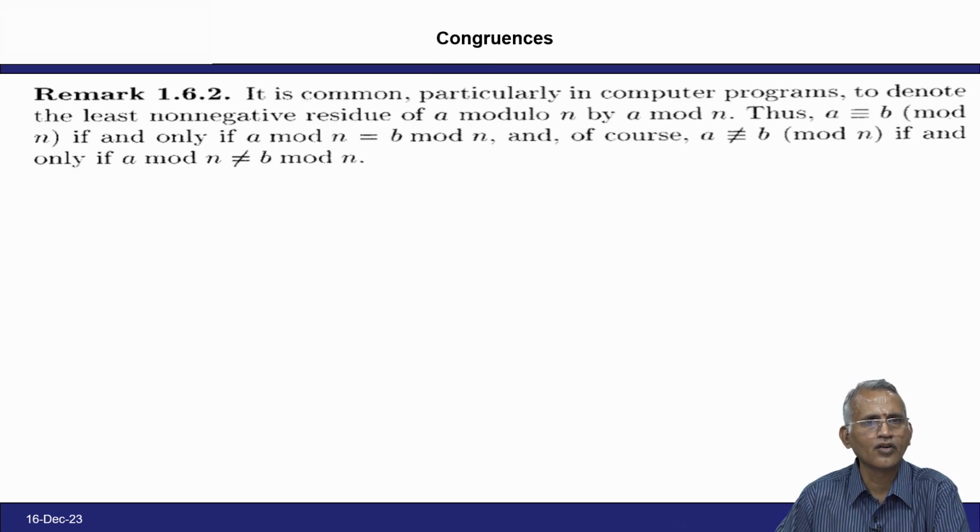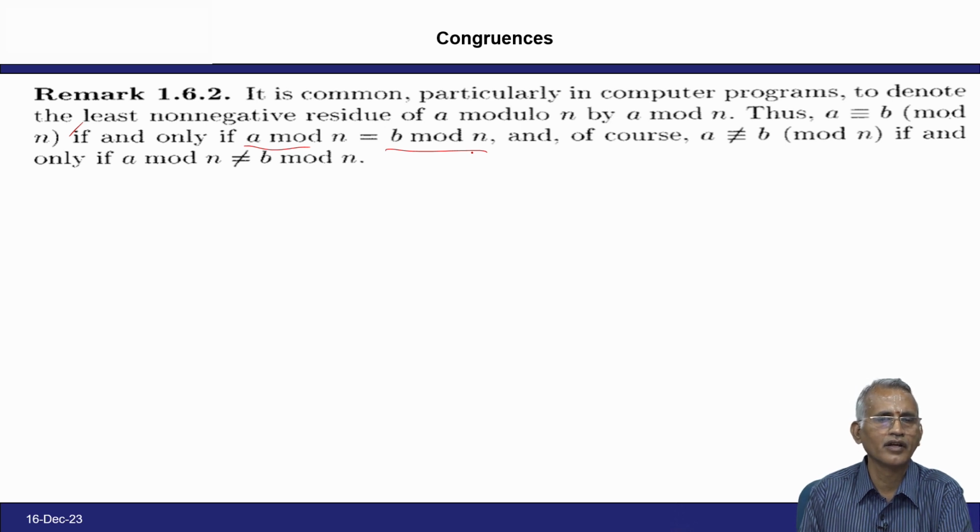Next note, it is common, particularly in computer programs, to denote the least non-negative residue of a under modulo n by a mod n. Thus, a is identically equal to b under modulo n if and only if a mod n equals b mod n. Of course, a is not identically equal to b under modulo n if and only if a mod n is not equal to b mod n.